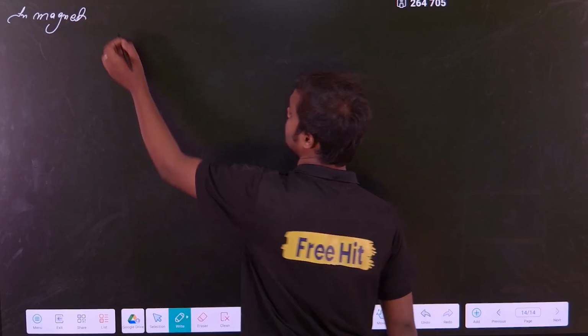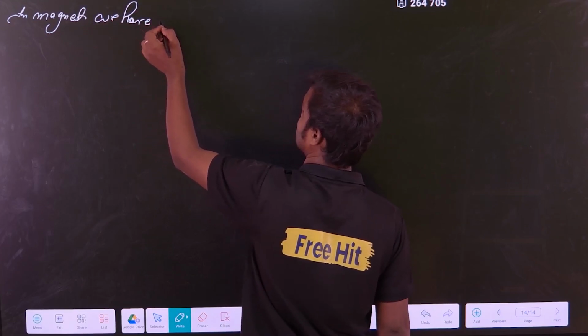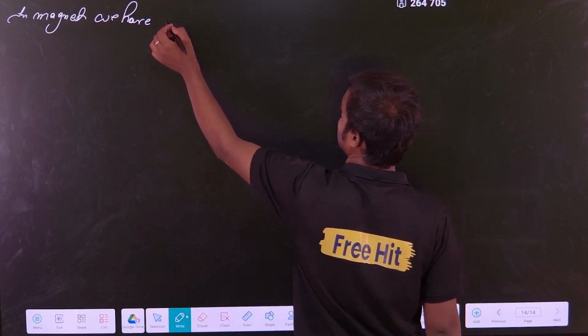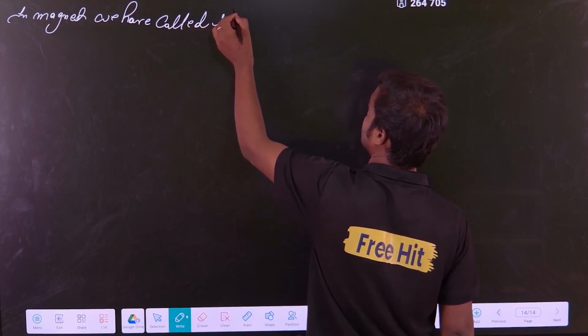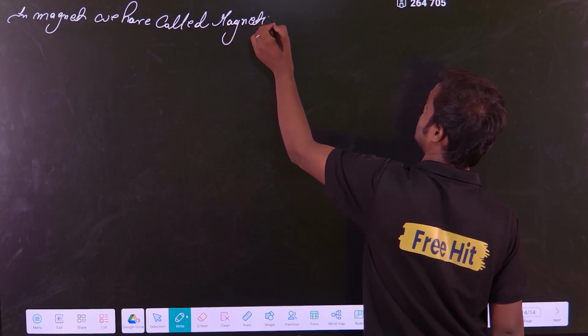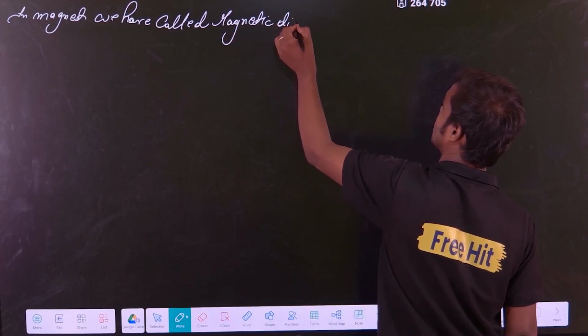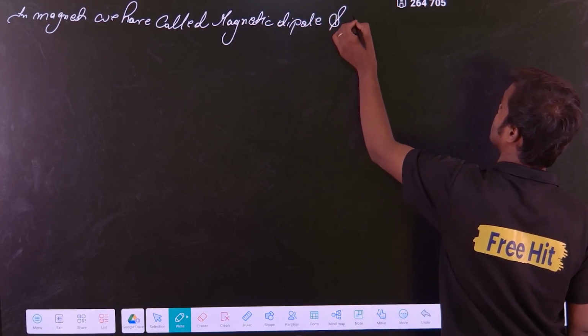Similarly, here also in magnets we have something called a magnetic dipole and magnetic moment.